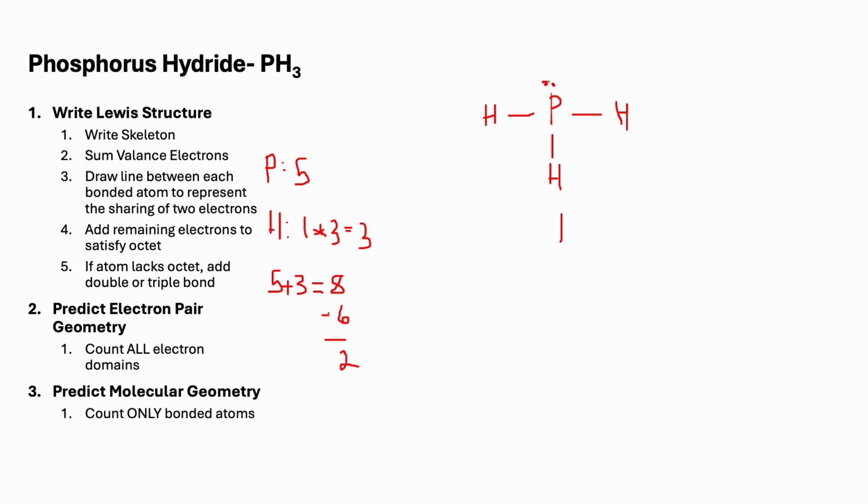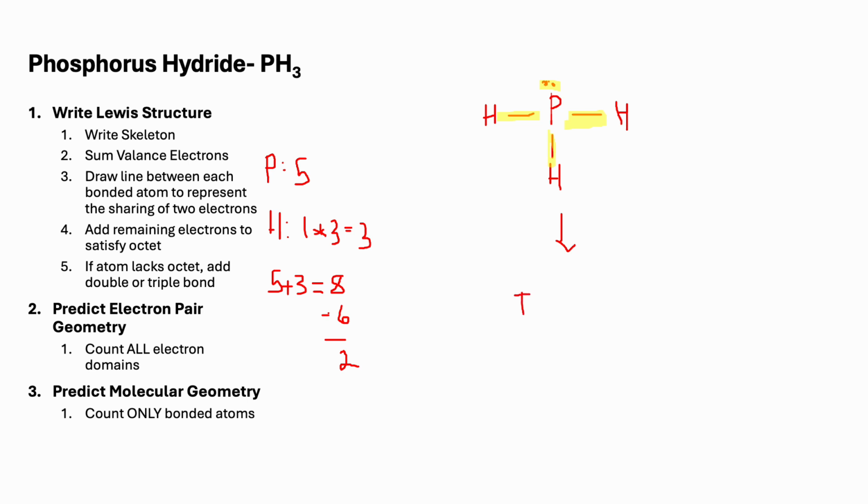And now we are going to predict our electron pair geometry. So we're going to count all of the electron domains. All the electron domains, so that includes lone pairs and bonded atoms. So this phosphorus hydride has 4 electron domains.